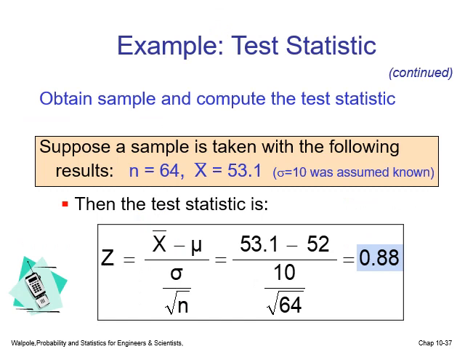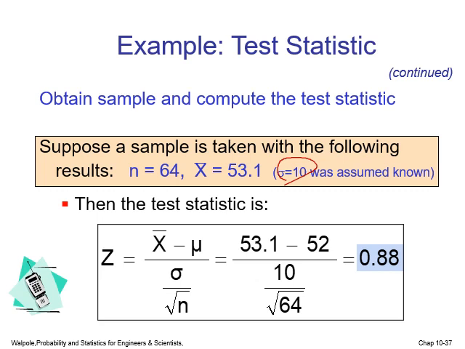So, another example for the test statistic. Since the population size is 100 and we cannot get all 100, we need to take a sample, which is n equals 64, with a mean of 53.1, and we still remember the variance is equal to 10, as already assumed.